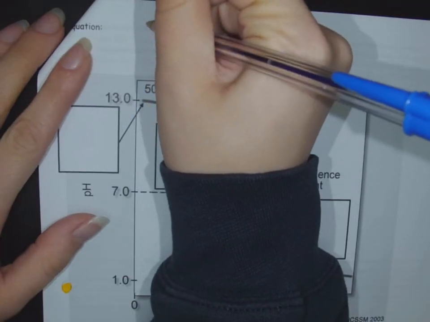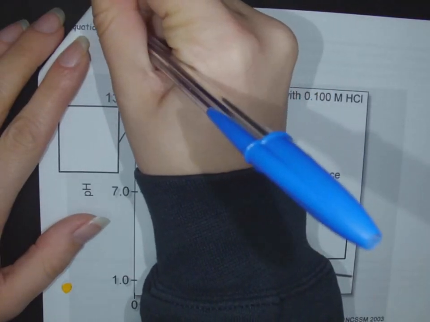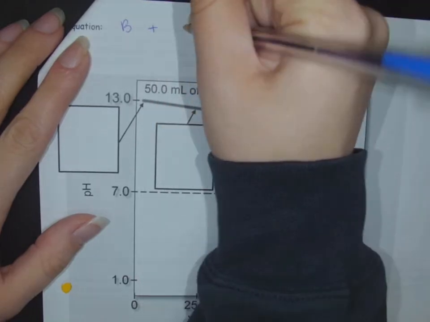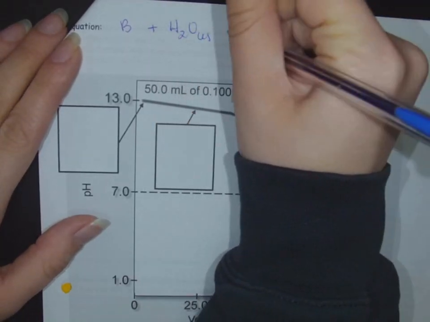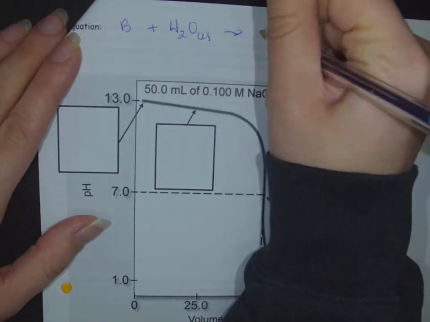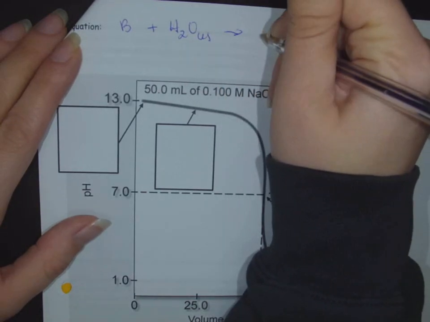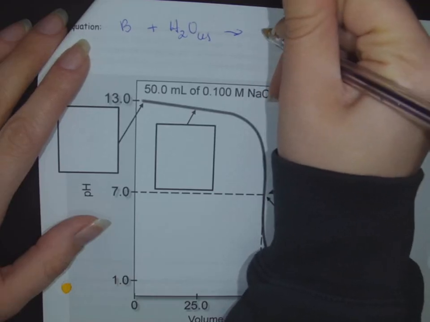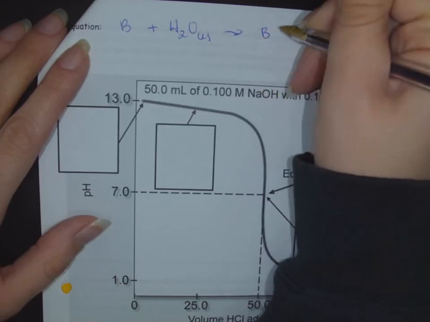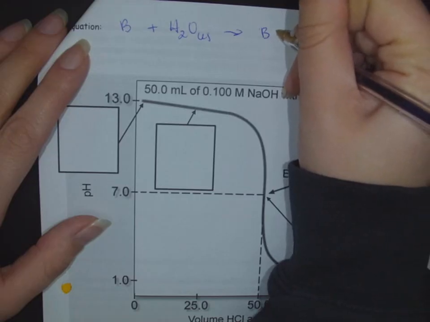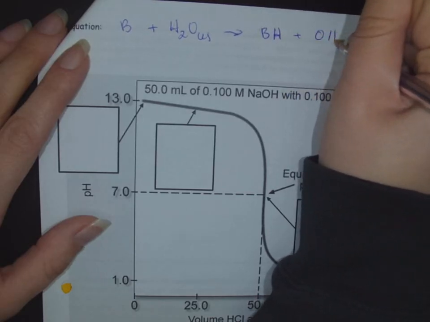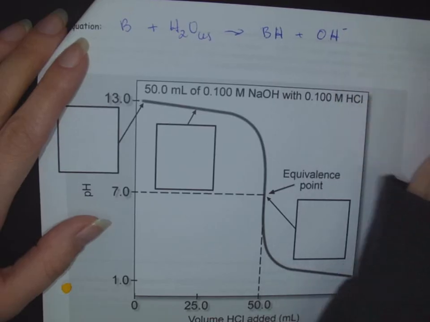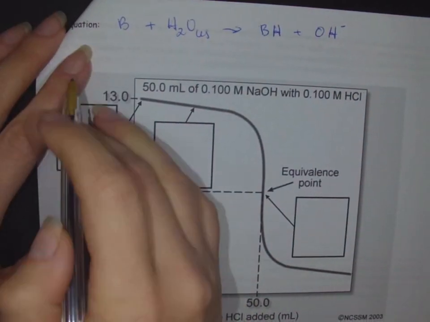We take this weak base and it reacts with water, liquid, and that turns into BH, and it leaves hydroxide.